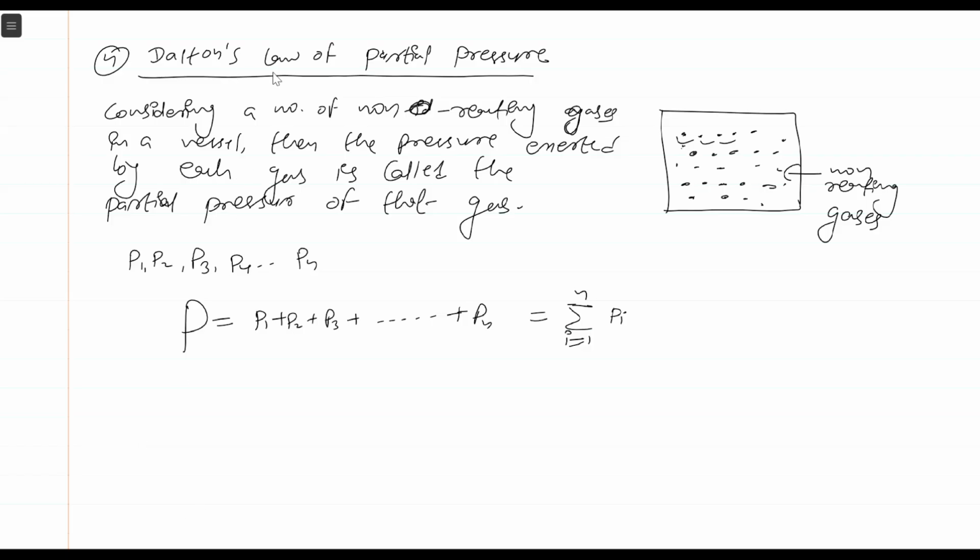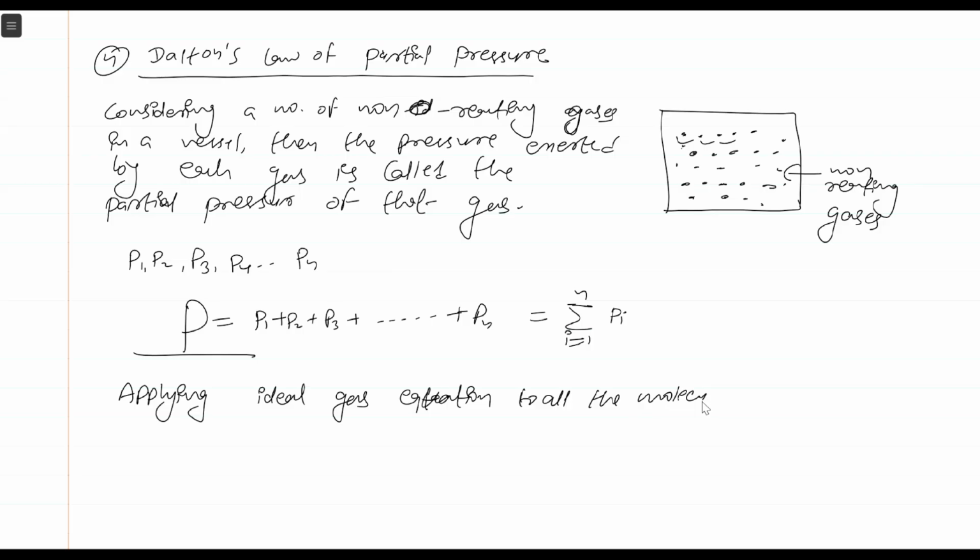Now let's talk about Dalton's law's special case. For all these gas molecules, ideal gas equations can be applied. So applying the ideal gas equation to all the molecules, then what do we see?